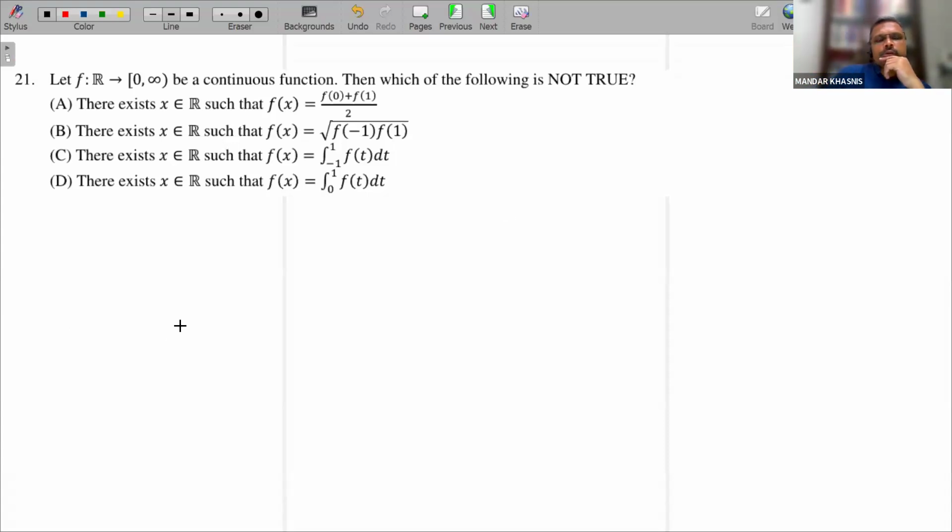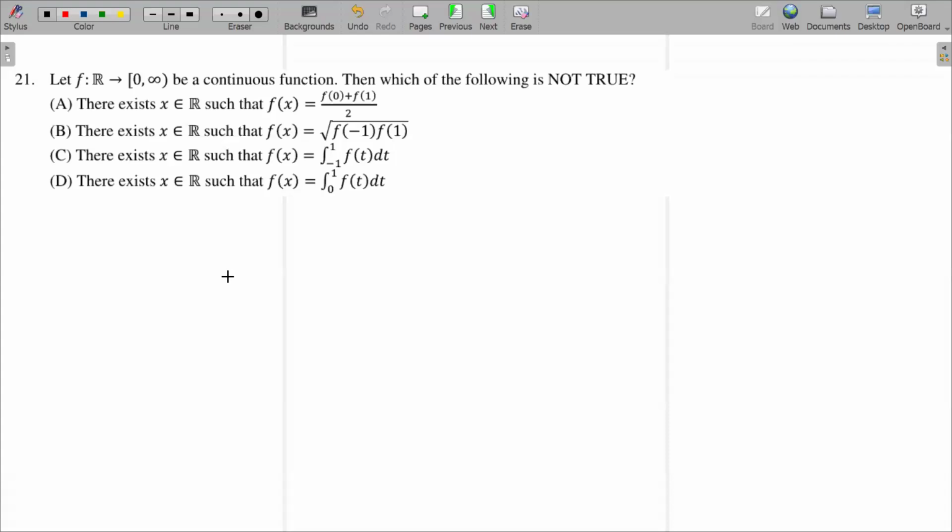You know, this question is on what? Intermediate value property.